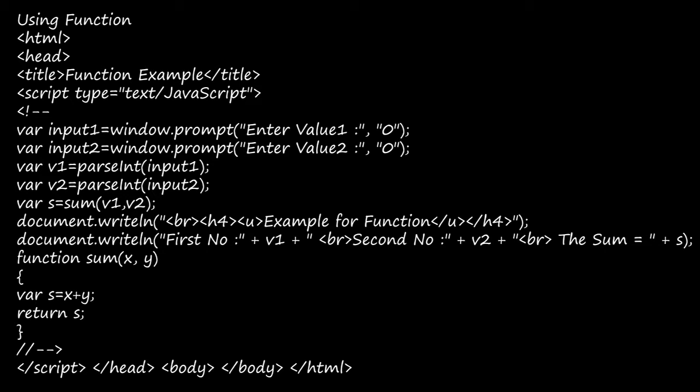So we open the HTML tag, then the head tag, then the title tag, and we give the title here as function example, and then the title tag is closed. Then the script tag is used to include JavaScript inside this HTML code. Script type is equal to text/javascript. You have to mention this text/javascript inside double quotes, and you can close the script tag there.